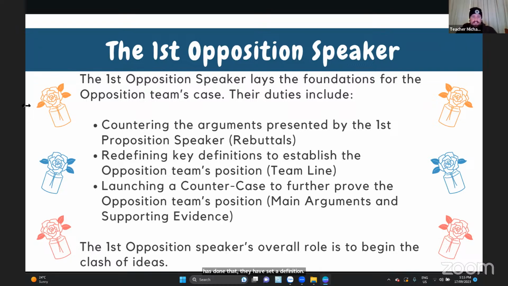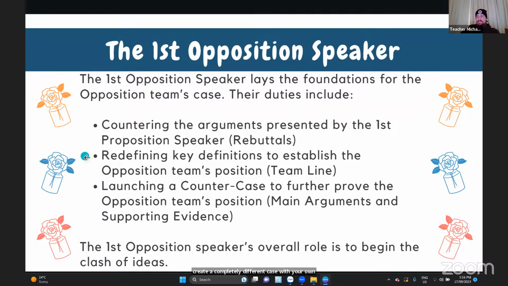So the first opposition speaker gets an opportunity to redefine certain terms. That's how they create their own line of logic, or their own team line, as it's called. By redefining that motion, you're able to create a completely different case with your own arguments.